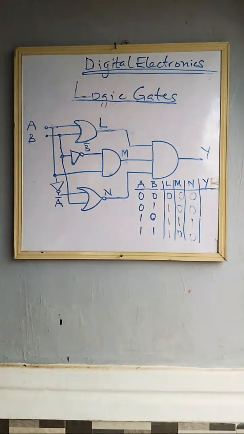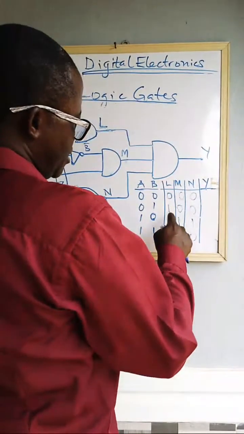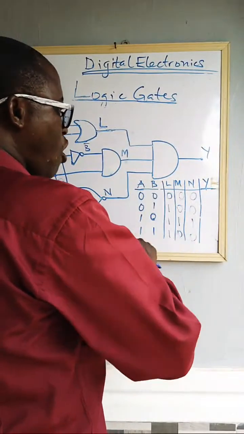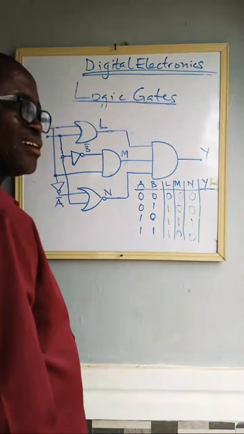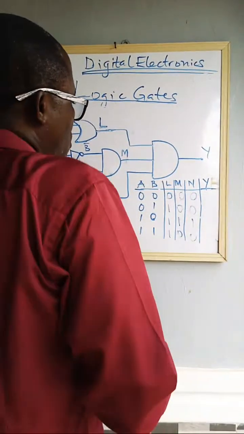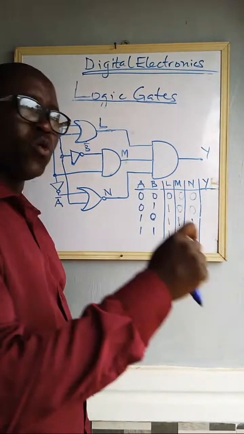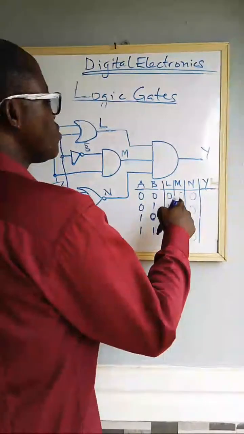So let's check that. The behavior of the AND gate is such that it is only when all the inputs are high that we can get a high at the output. When one of the inputs is low, definitely we are getting a low at the output. So let's look at this.